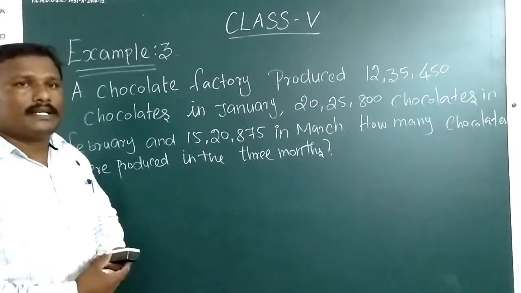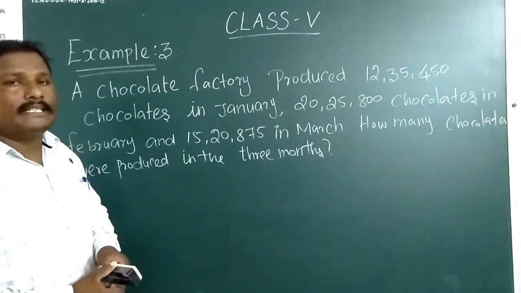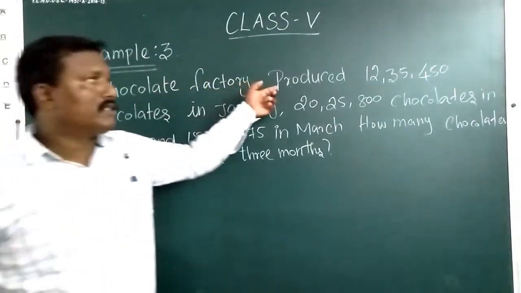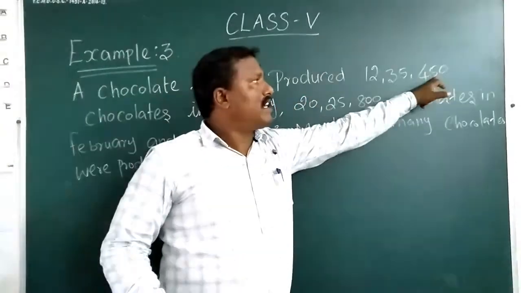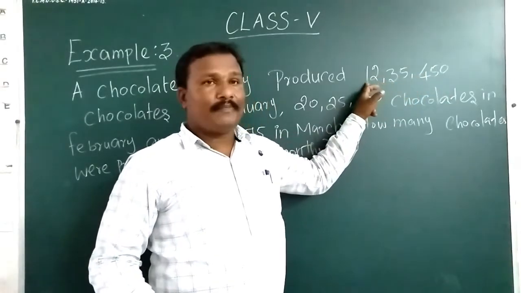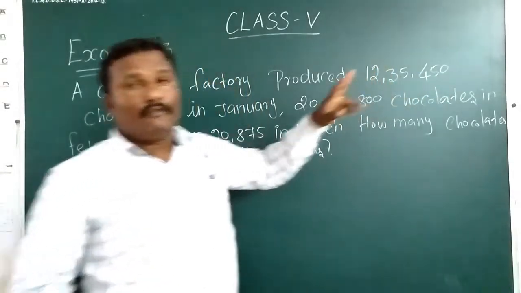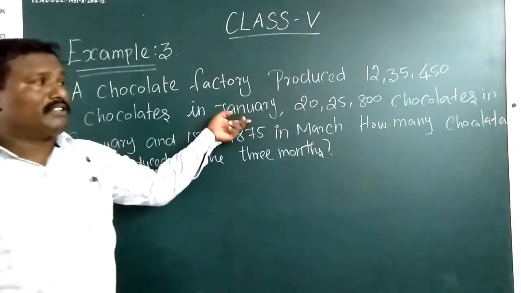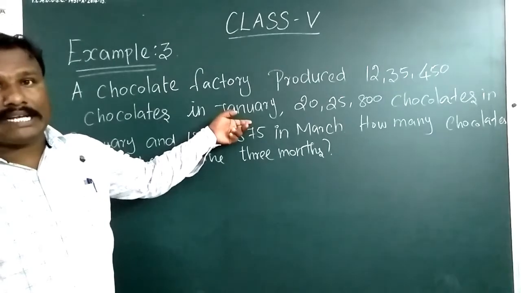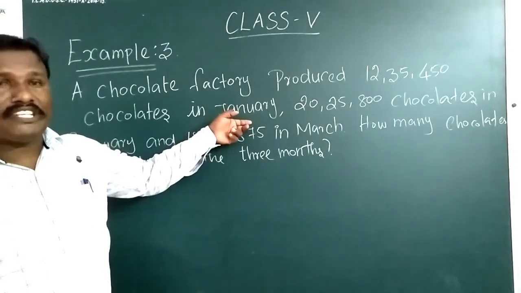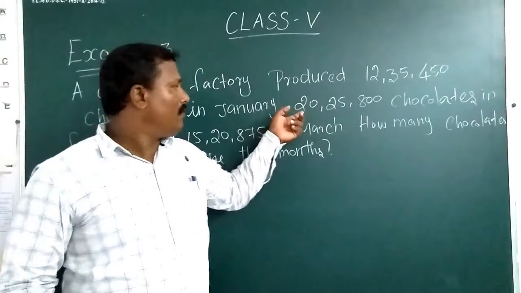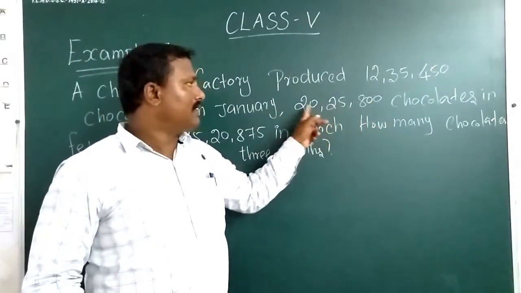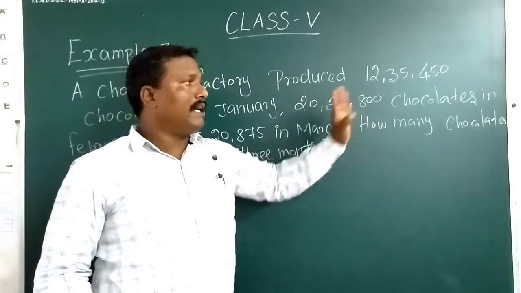Okay, students. Let me talk about another example, example 3, the addition sum. A chocolate factory produced 12 lakhs 35,450 chocolates in January. In the month of February, they produced 20 lakhs 25,800 chocolates.